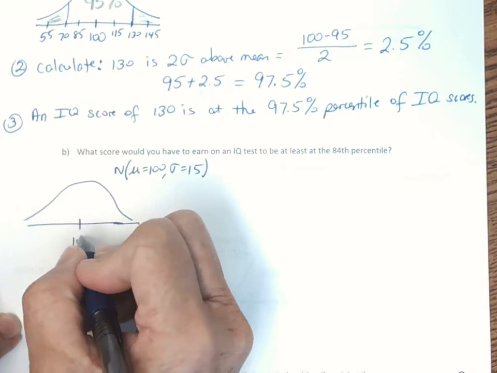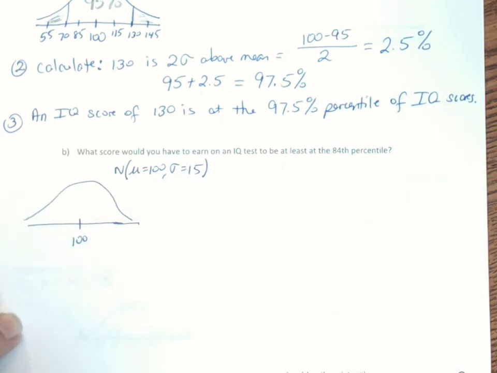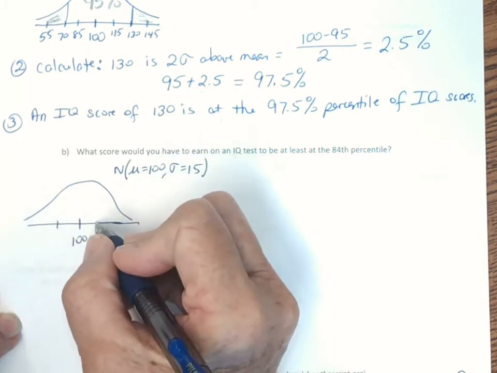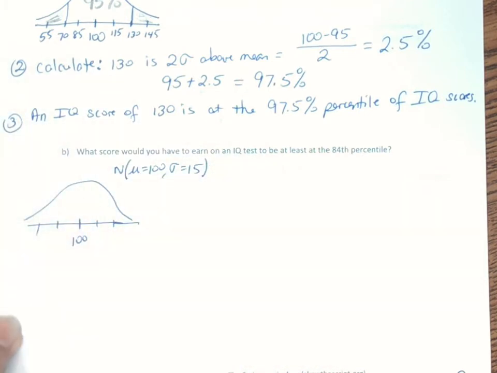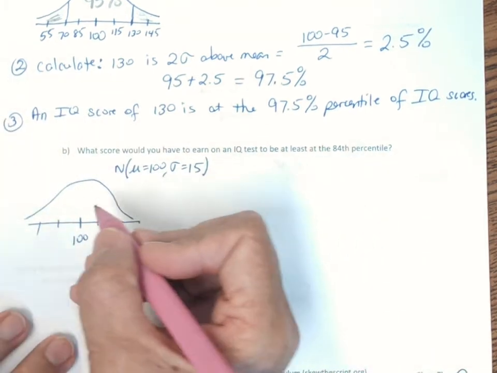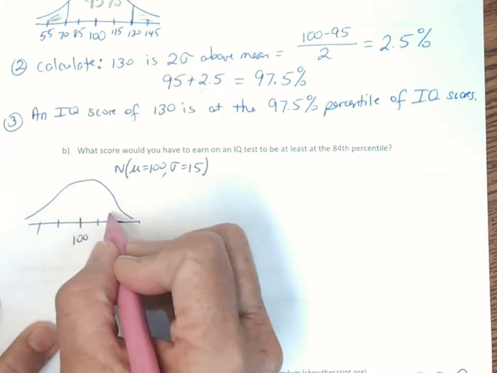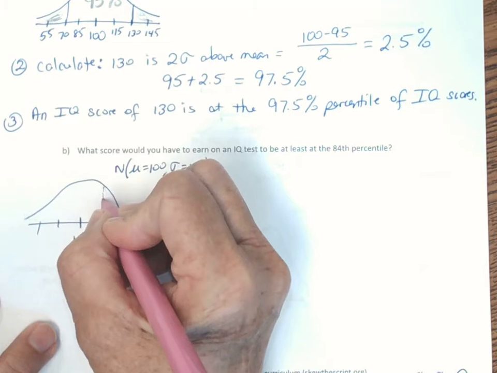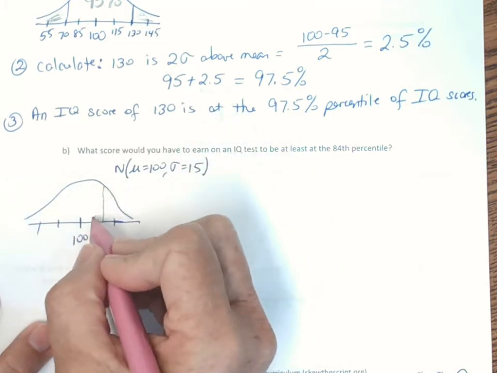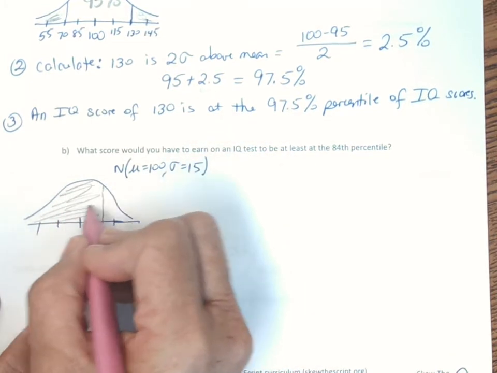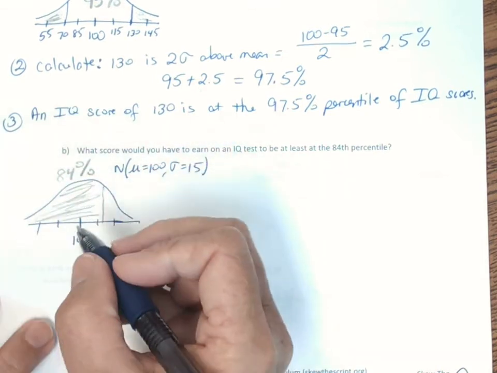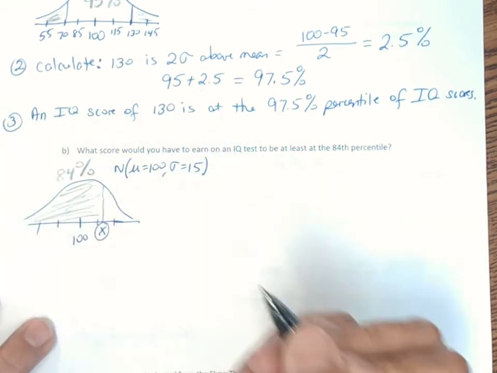We know that 100 is here, and I want to be at the 84th percentile. I don't really know where that is. I know it's going to be on the right-hand side, so I'm going to just sort of draw this in. I don't really know where it is, but I want all this to be 84%, right? And I am trying to find this X value right here.